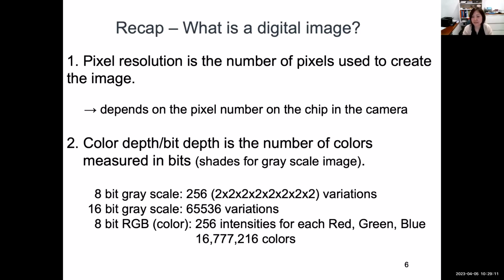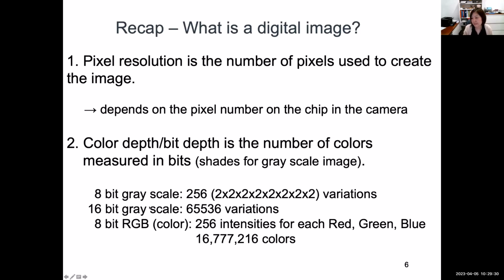For a monochrome or grayscale image, it will be shades. For example, an 8-bit grayscale image has 256 variations in bit depth.